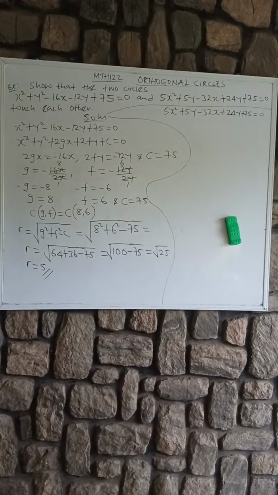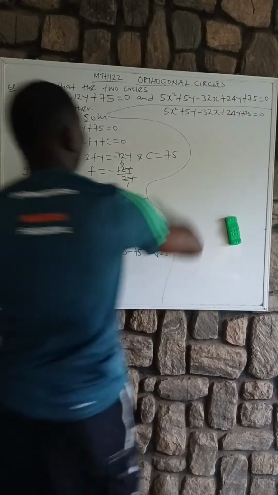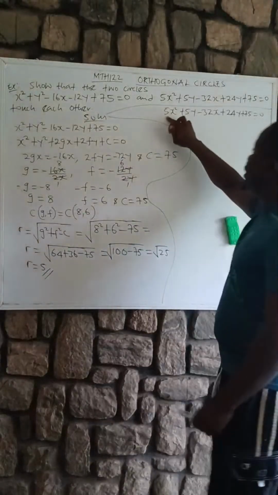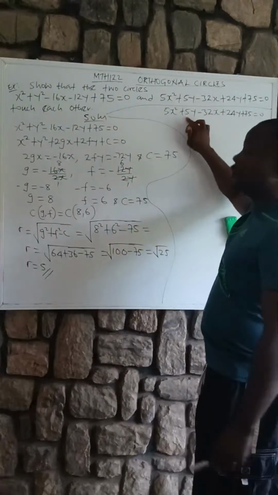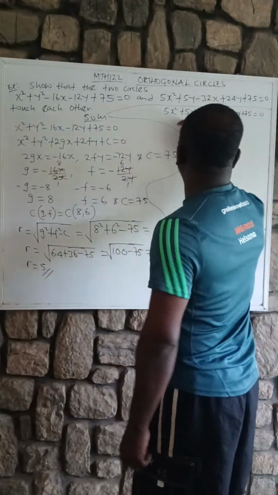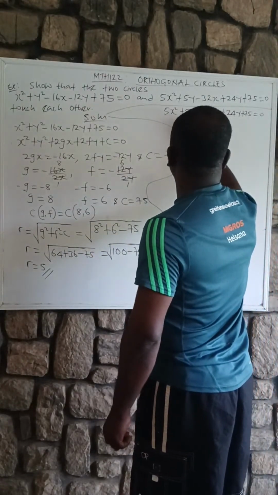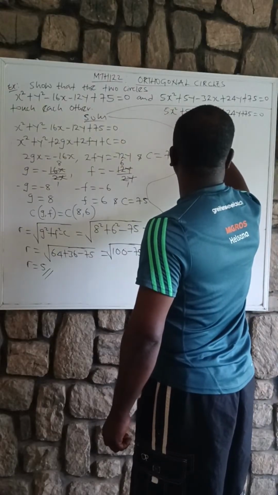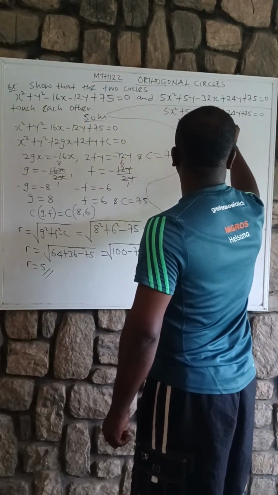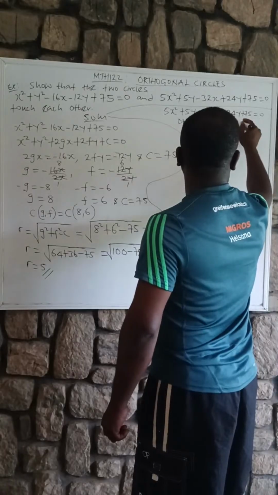Okay, we have to transform it into the equation of a circle. So look at it, it has a constant, true or false. So we have to divide through by what? 5. Divide through by 5.